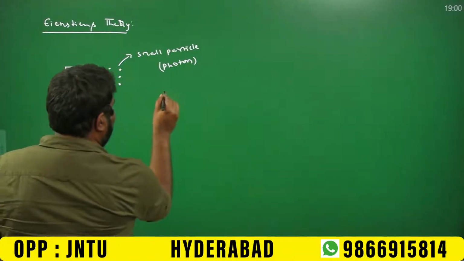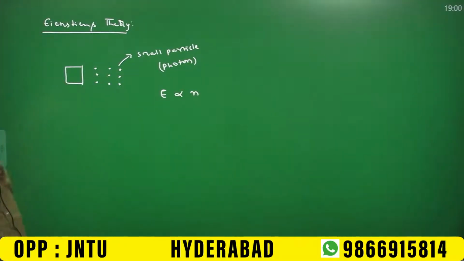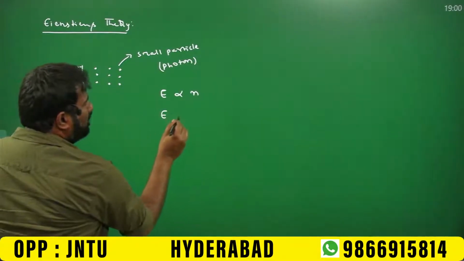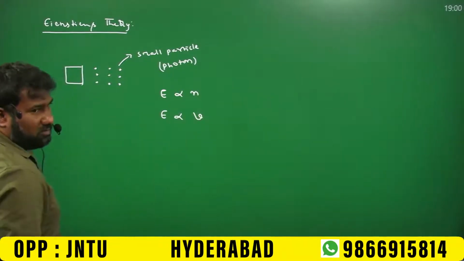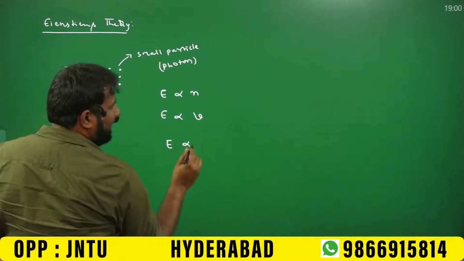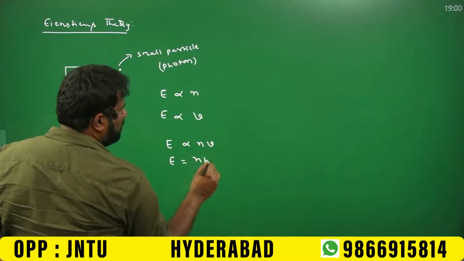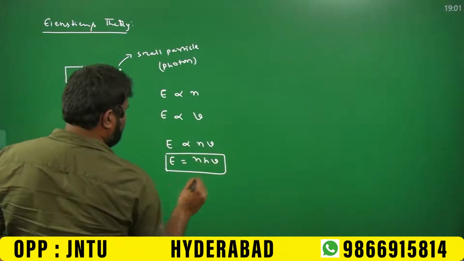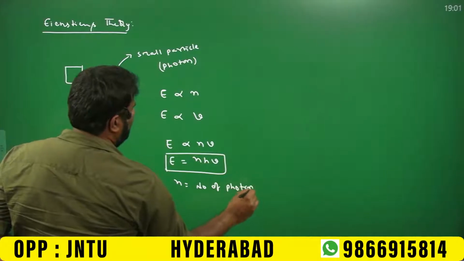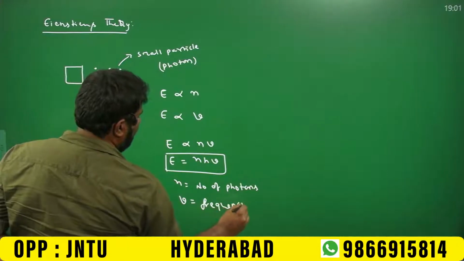So the energy of the light is directly proportional to the number of photons, N. How many photons there are, that much energy is there. And energy is also directly proportional to the frequency of each photon. So E is directly proportional to N nu, where E equals N h nu. Here N is the number of photons, nu is the frequency, and h is Planck's constant.